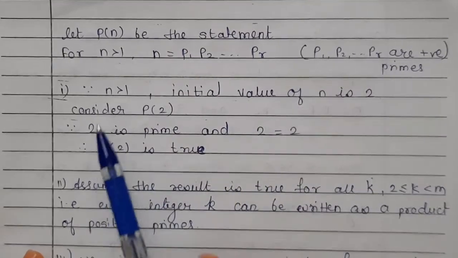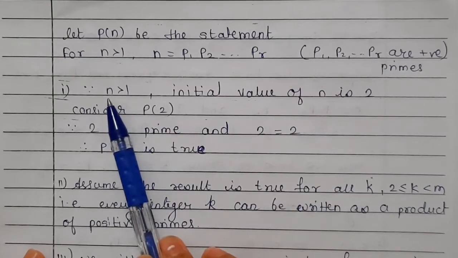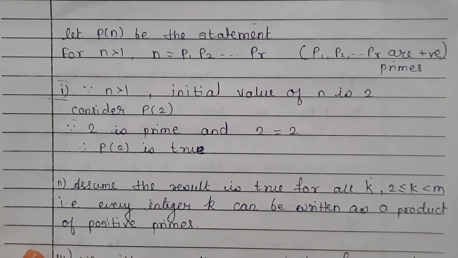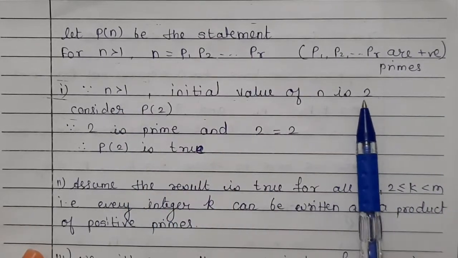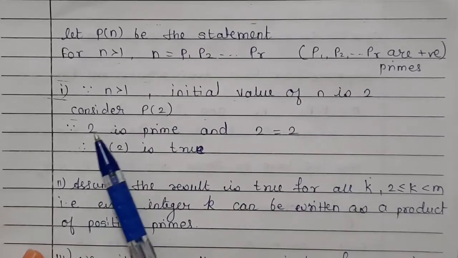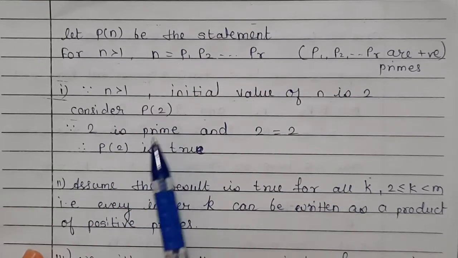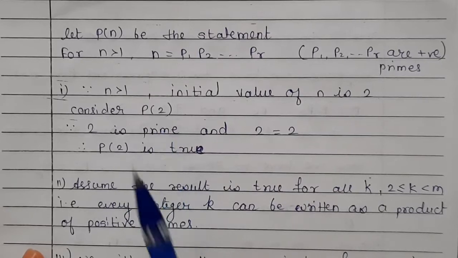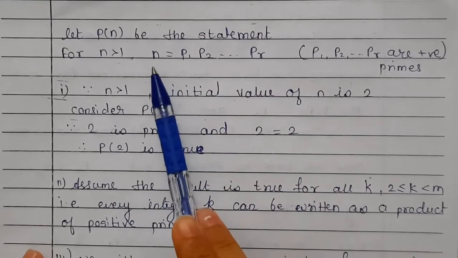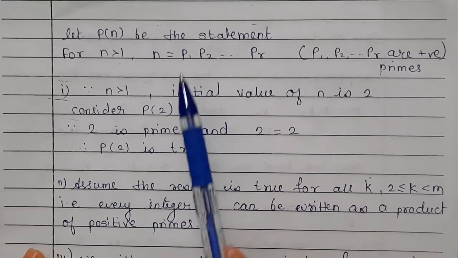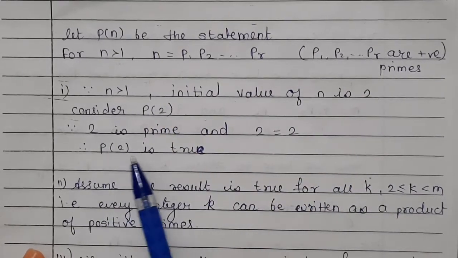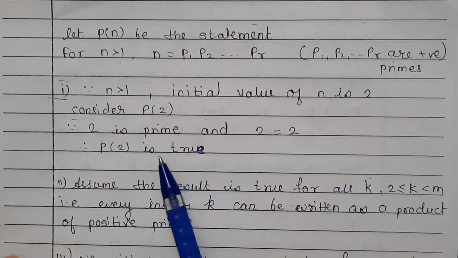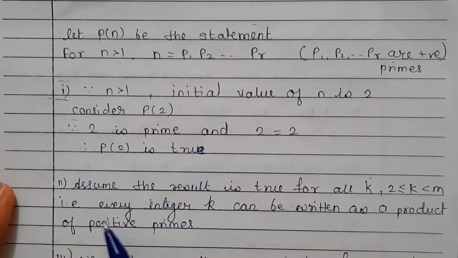Okay, if we were given n greater than or equal to 1, the initial value of n would be 1. But they have given us n greater than 1, that's why we take 2 as the initial value. Therefore we consider P(2), and since 2 is prime, this can be written as 2 is equal to 2. Okay, therefore P(2) is true. So our first case of induction is true.